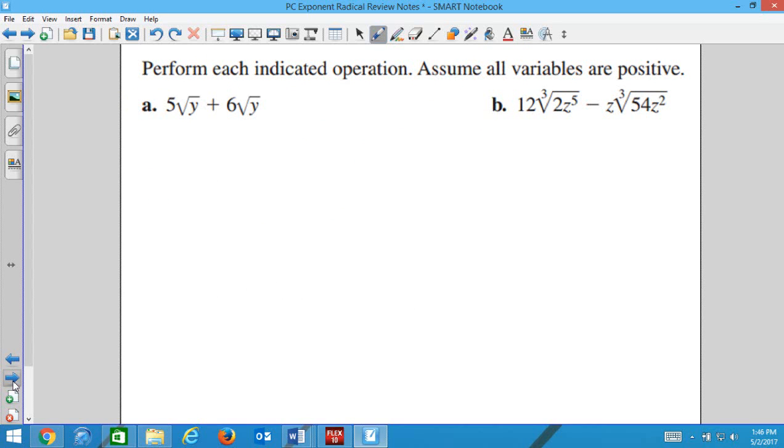Can you do A? When you add, what's that mean squared?